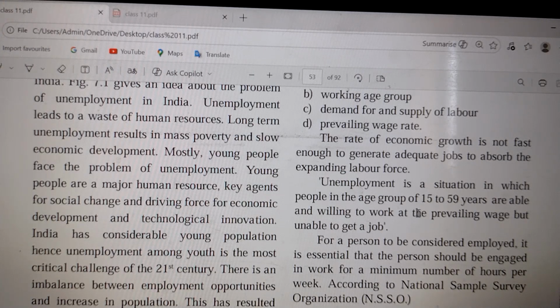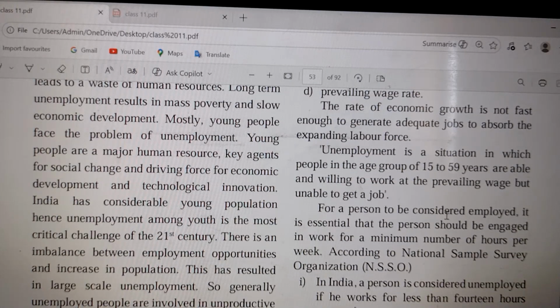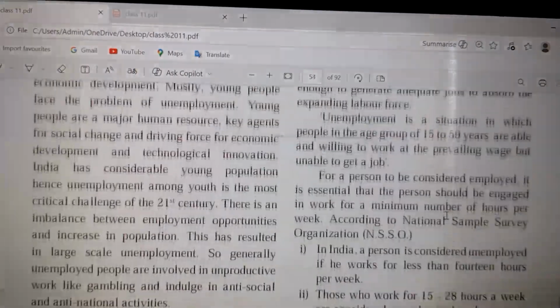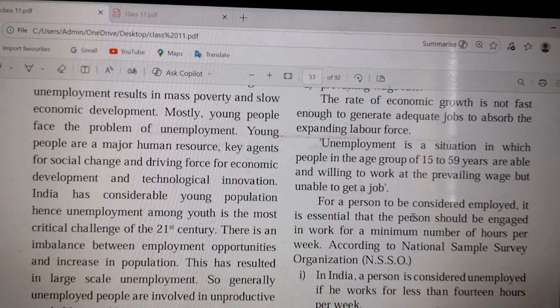Unemployment is a situation in which people in the age group of 15 to 59 years are able and willing to work at the prevailing wage, but they are unable to get the jobs. तो अभी इसकी डेफिनेशन क्या, अनएम्प्लॉयमेंट की डेफिनेशन क्या है? अनएम्प्लॉयमेंट इज अ सिचुएशन इन विच people between the age group of 15 to 59 years are able and willing to work at the prevailing wage rate but are unable to get the jobs. यानी व्यक्ति काम करना चाहता है, काम करने योग्य भी है, लेकिन फिर भी उसे रोज़गार नहीं मिलता.